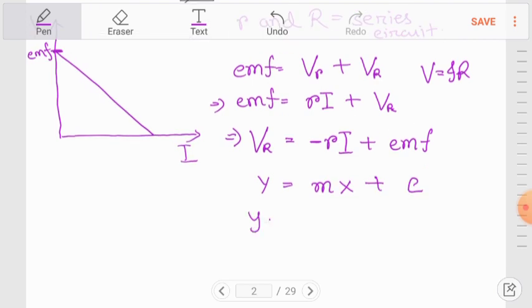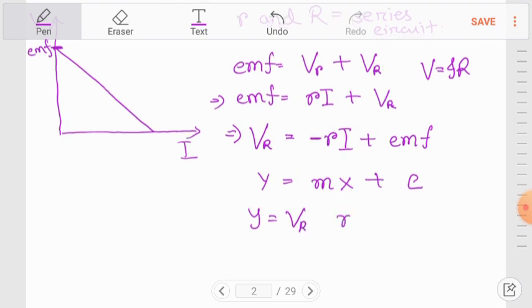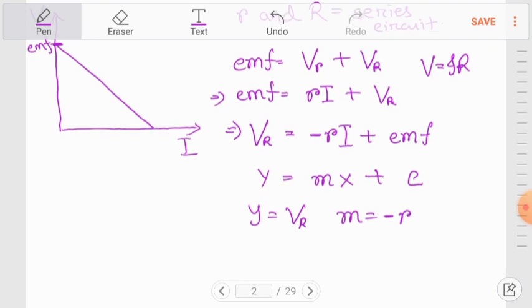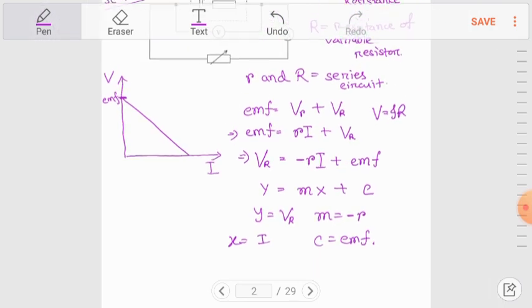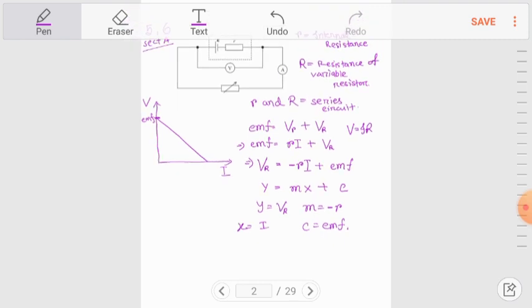Here y is the voltage of the variable resistor, m is the gradient, which is the value of negative internal resistance, x is current, and c is the EMF. This was the working I did for question number 5. Now let's move to the options and see which one is the correct answer for question number 5.